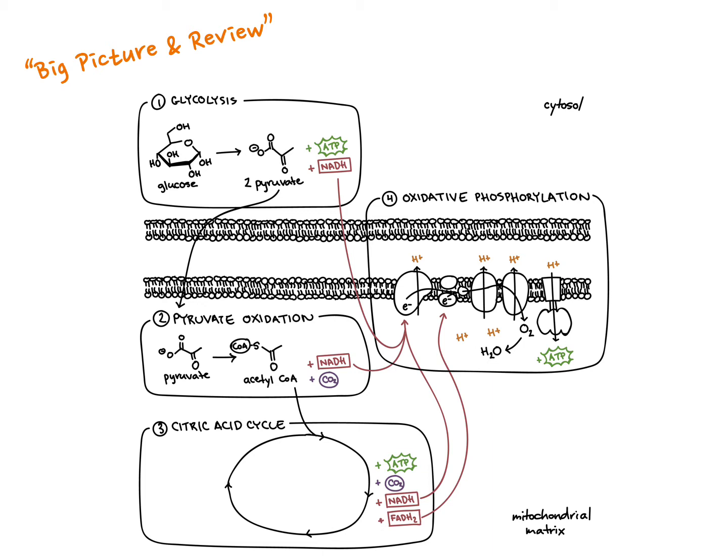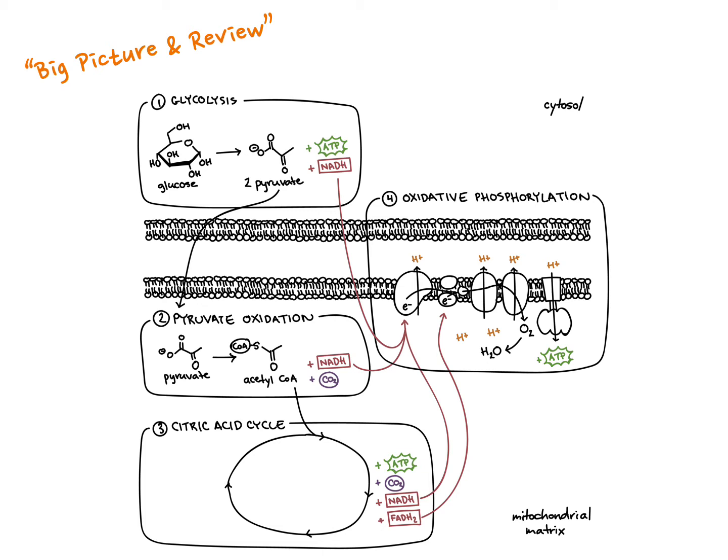Pyruvate loses one carbon in the form of carbon dioxide and combines with CoA to form acetyl-CoA. The acetyl-CoA then undergoes the citric acid cycle. We learned that in Chapter 19, and it produces ATP, NADH and FADH2.